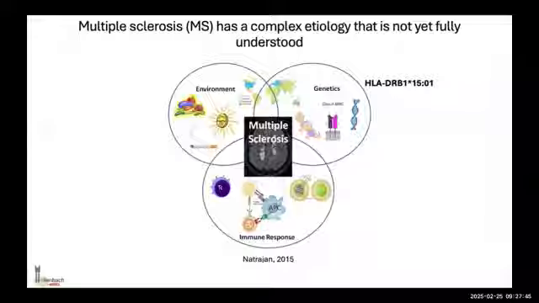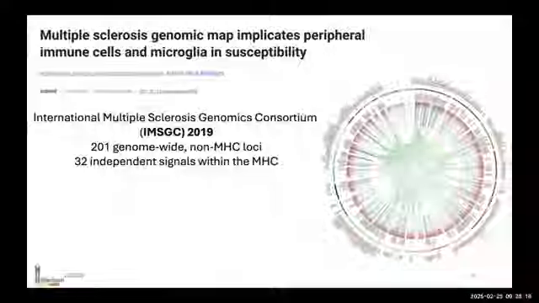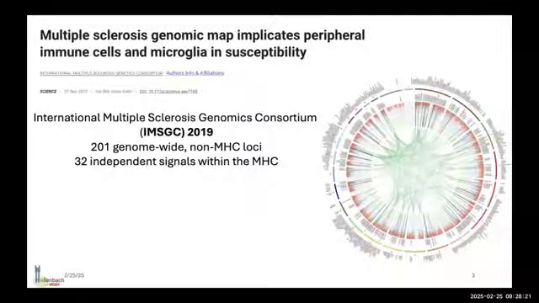And though it seemed like the genetic component was simple and we had it squared away with DRB1 1501, it turns out in a recent study in 2019 from the International MS Consortium that there are actually 200 genome-wide non-MHC risk loci for MS. And even within the MHC, they identified an additional 32 independent signals beyond just 1501. And so this really expanded our perception of the genetic risk structure of MS and has really opened up the need for much more sensitive and focused genetic analysis to really elucidate what's happening in terms of genetic risk.